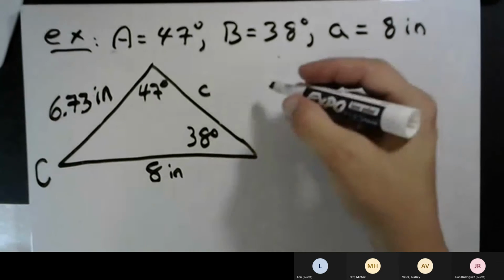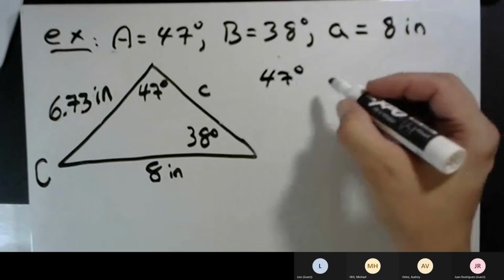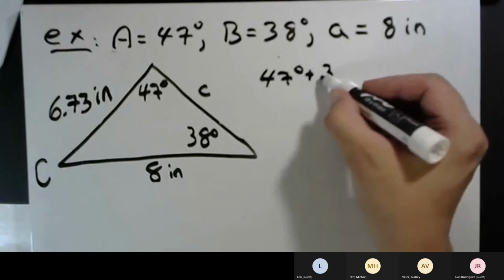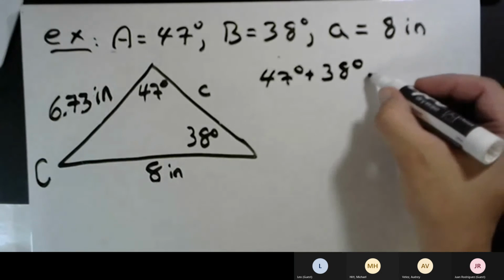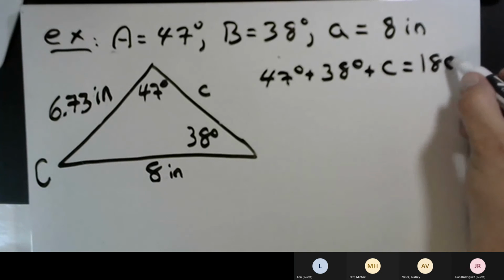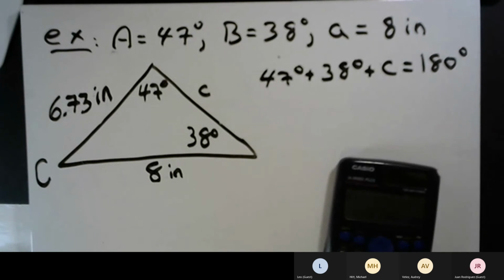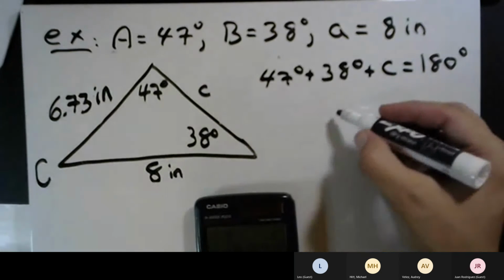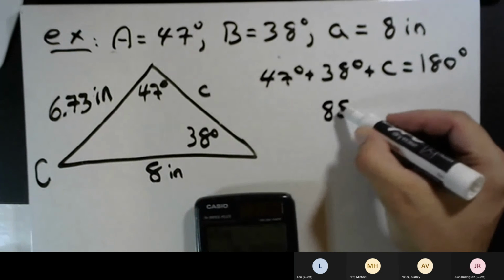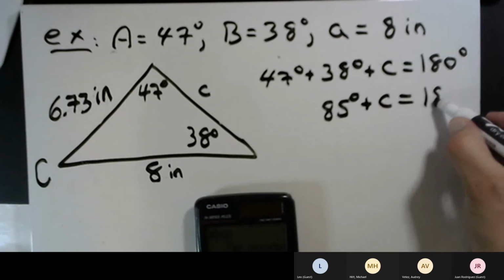So 47 degrees plus 38 degrees plus C is 180 degrees. 47 plus 38 is 85, equals 180.